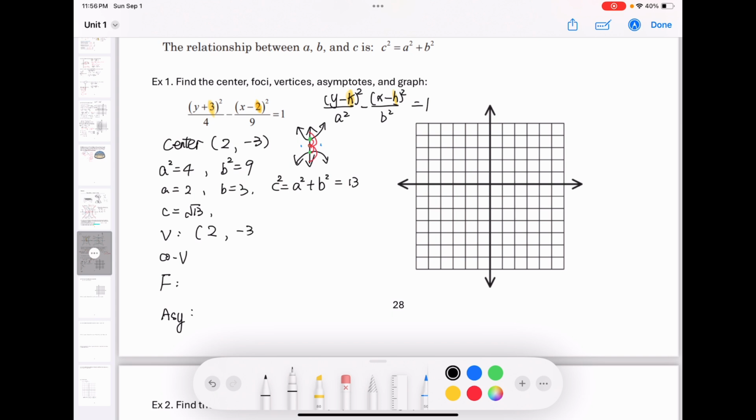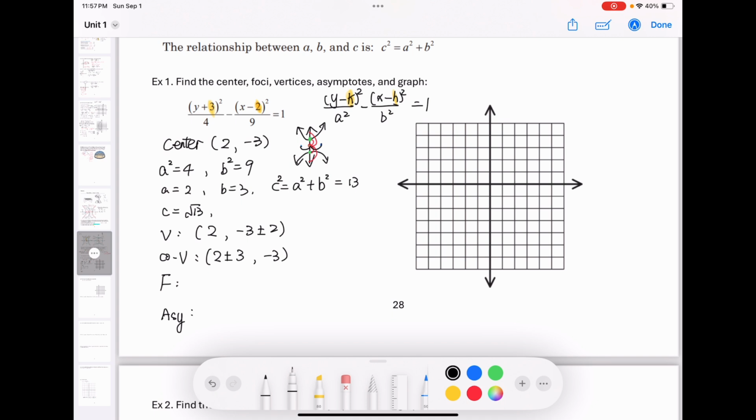Based on the negative 3, we add or subtract a, which is 2. For the co-vertices, we move to the left and right b units, so they have the same y value. Let's copy the negative 3 here, and then 2 plus or minus b, which is 3.